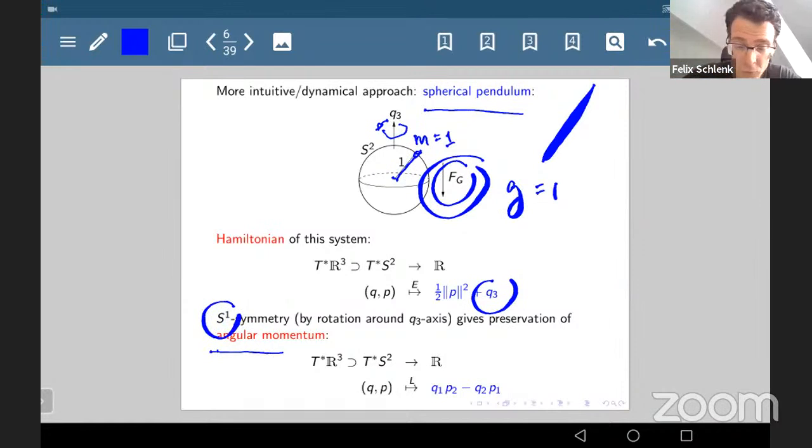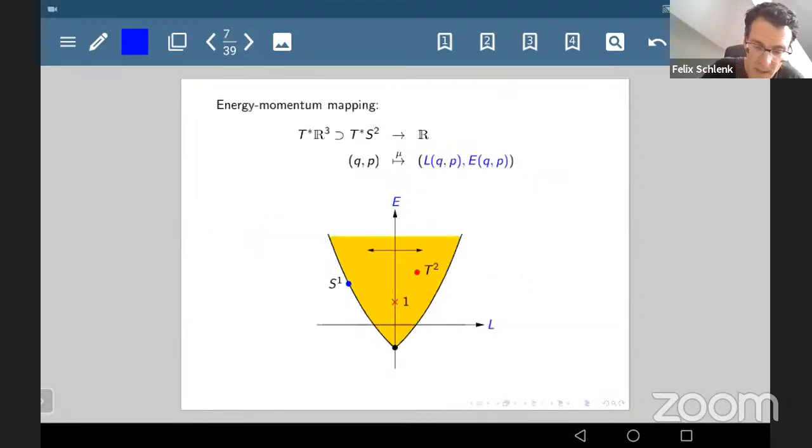Because you rotate, you turn. And the formula is q1 p2 minus q2 p1. I call this L. It's not the Lagrangian, but somehow the angular momentum is called L. Okay, so now we have two good functions, and we collect them into one map, L and E. This is a function on T star S2 and takes values in R2.